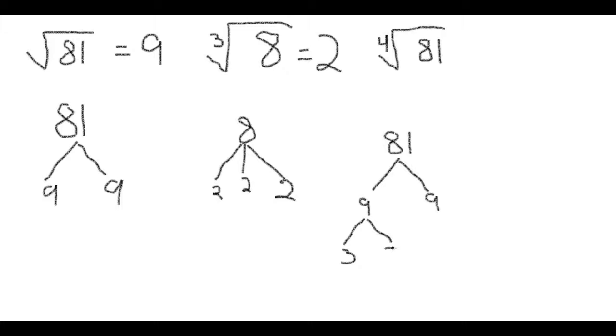But 9 can be divided as well into 3, 3, 3, and 3. You see we have 4 3's. 1, 2, 3, 4. So the fourth root of 81 would be 3. Now, let's erase all that.